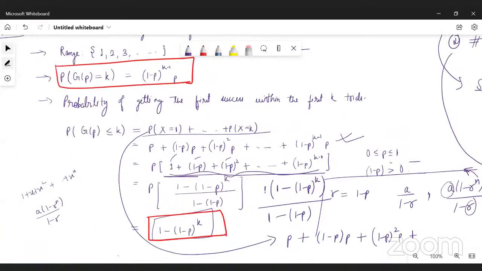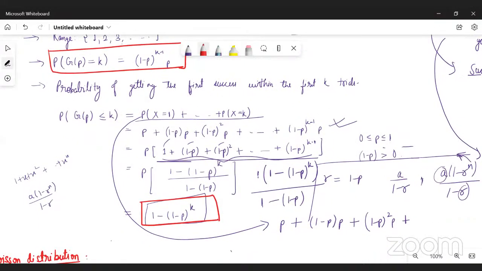There is a difference, right? What was the above, first, what you told? About this expression, P times (1 minus P) to the power K minus 1, it gives you the probability that your first success is on the kth trial. On the kth trial you should have the first success, but this probability here is for the first success within the first k trials. There's a difference.